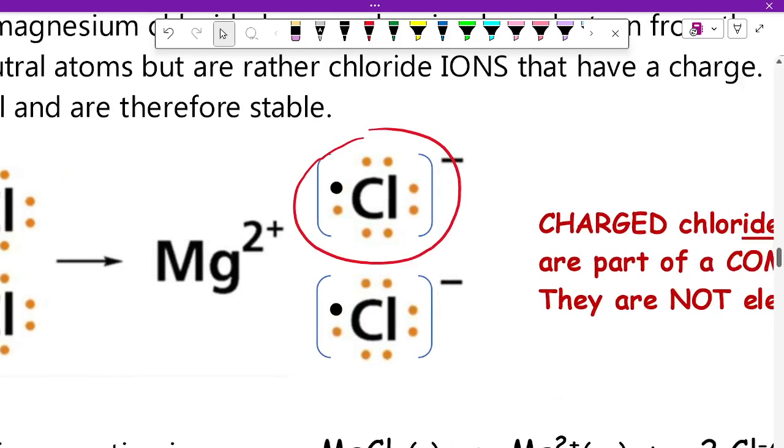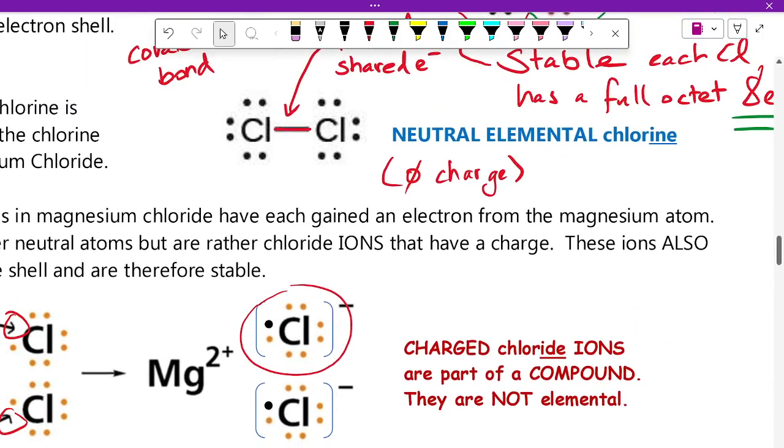Does this look to be the same structure as that? Are those the same things? No, okay? Cl2 is Cl2 when it is elemental chlorine, just like F2 or O2. Those are all when they're elemental, when they're not in a compound. When they are ions, those chlorides are separate from one another.